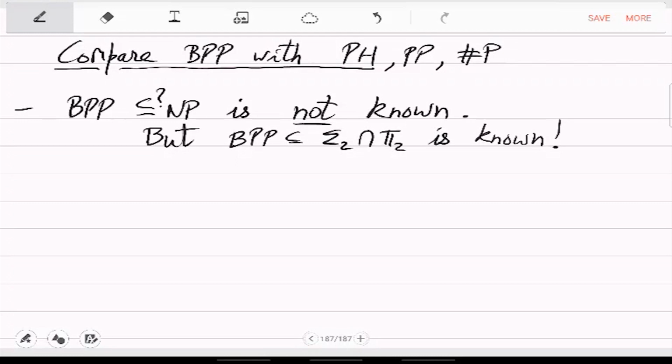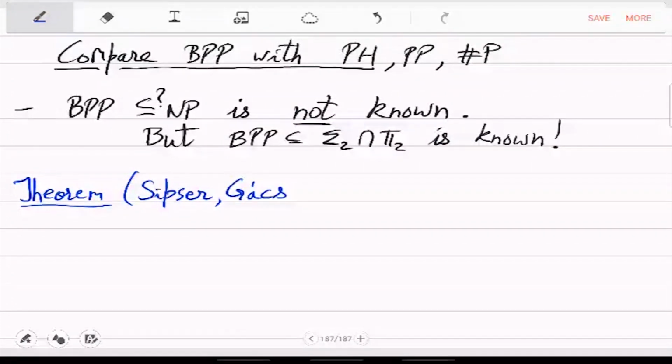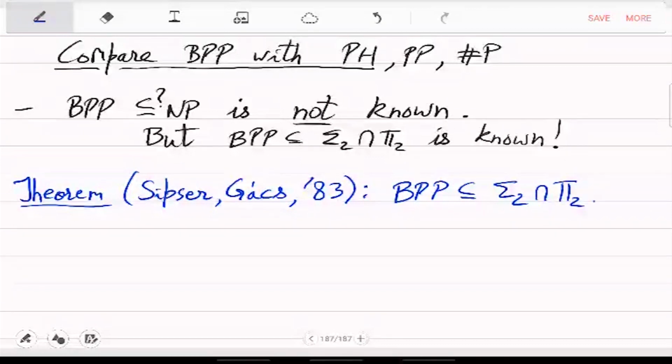So we will be proving the following theorem, by Sipser and Gacs from 1983. They showed that BPP is in sigma 2. Once BPP is in sigma 2, you can also show that it's in pi 2 because you apply the co-operator. So BPP is in the intersection of sigma 2 and pi 2.